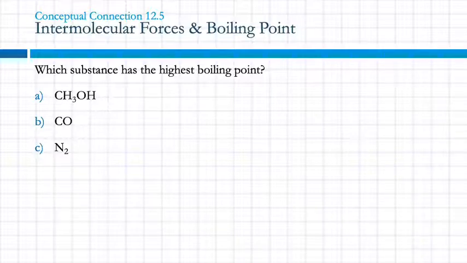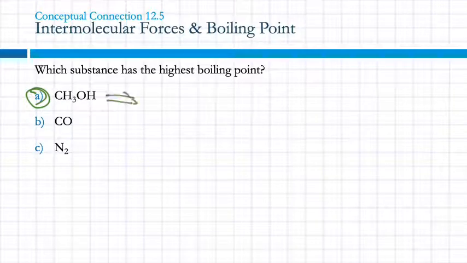So we're looking for the strongest intermolecular force. Do any of these have hydrogen bonding? Yeah. Which one? A. The way these formulas are written suggests how the atoms are connected, right? So CH3, the H3 are connected to the carbon, and then we've got hydrogen and oxygen.